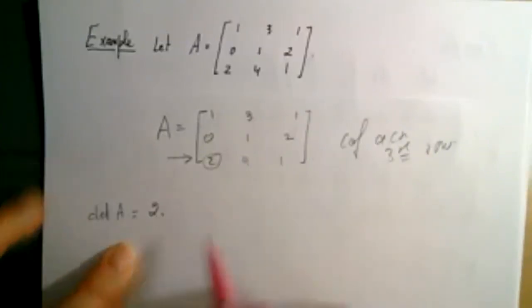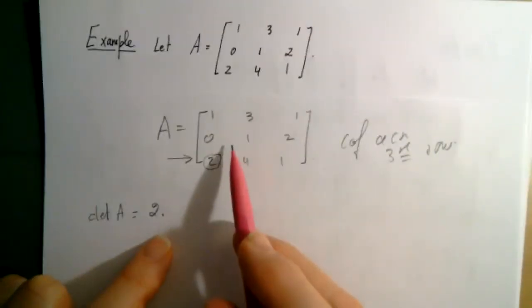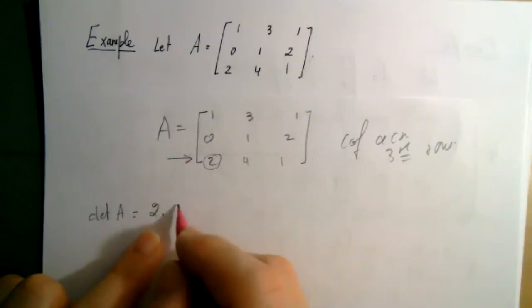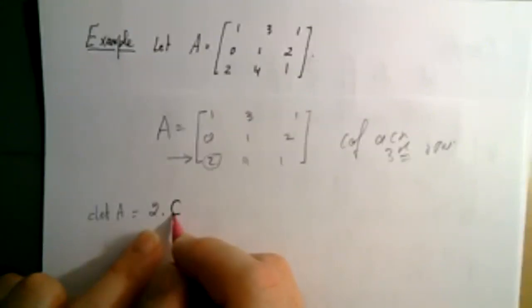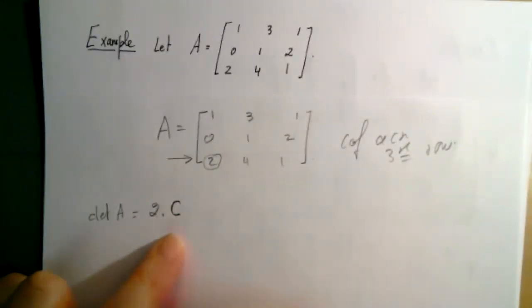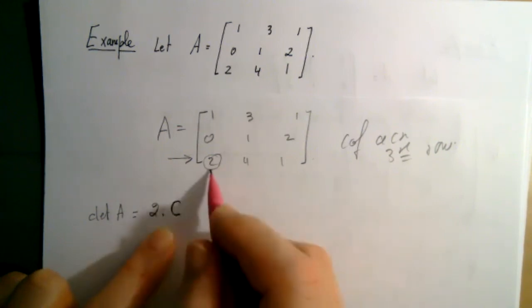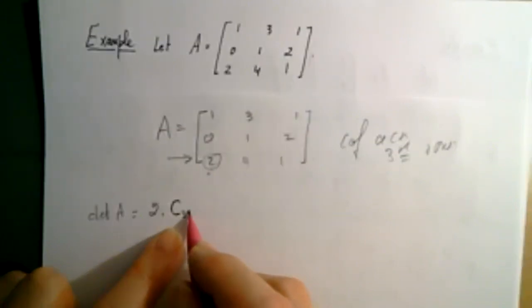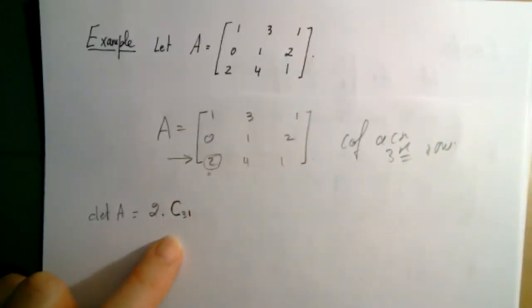The entry, but instead of having the determinant of this piece, the theorem tells me you have to multiply this by something they call the cofactor. And this is the cofactor, and this is the third row, first column.